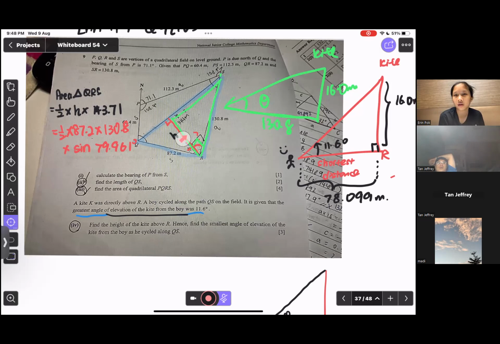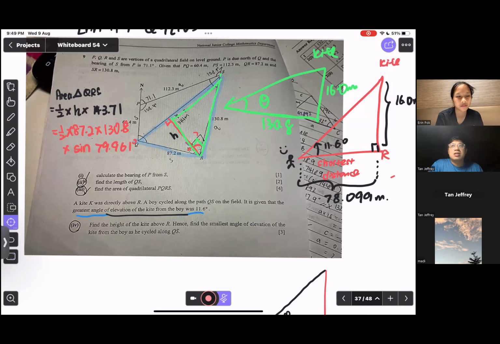Can't see your working, but if this height is 16.0, then 79.961 is confirm correct. So this angle QRS is confirm. Okay, I'll try. If wrong, I will whack you.